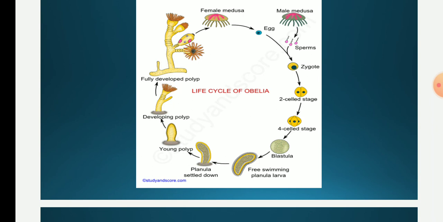The hydrula undergoes repeated budding, leading to the formation of the highly branched Obelia colony. This is the simple life cycle of Obelia.